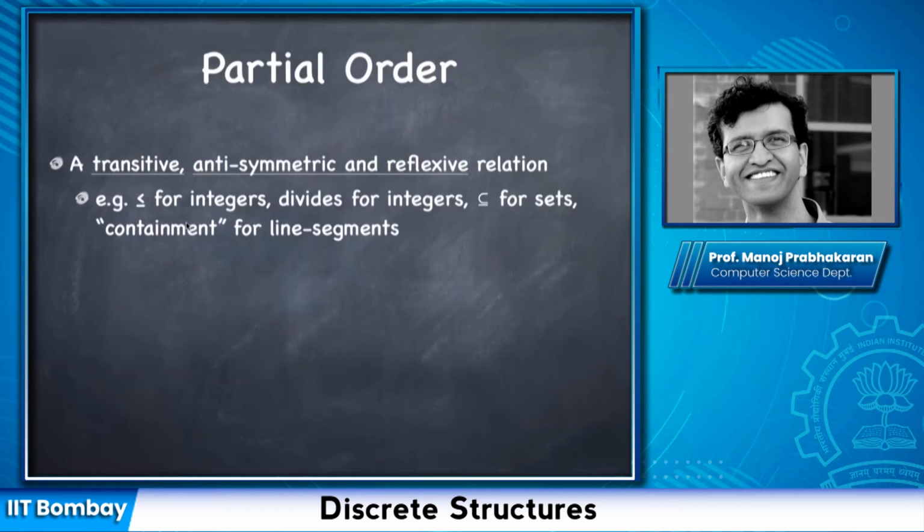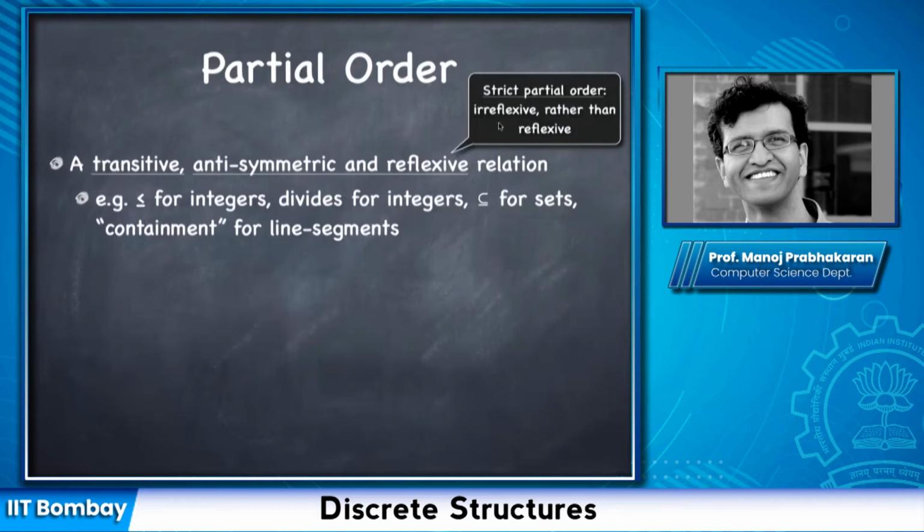Containment for line segments: you could think of the real line and consider intervals or segments there, and I would say A is contained in B if it's a subset. So the interval A is a subset of the interval B, and you can convince yourself that it's also a partial order. Okay, and if you change the reflexivity property to irreflexive, you'll get strict partial orders.